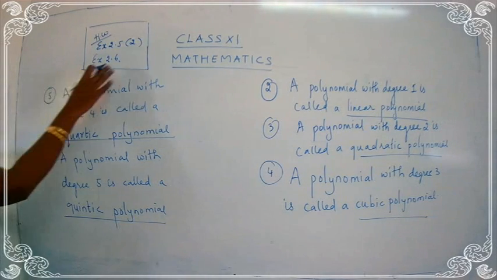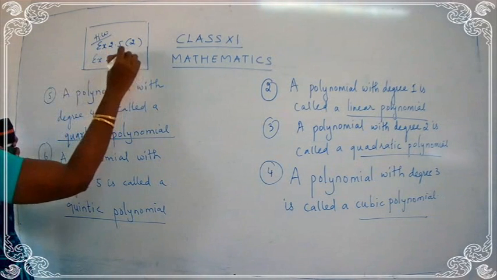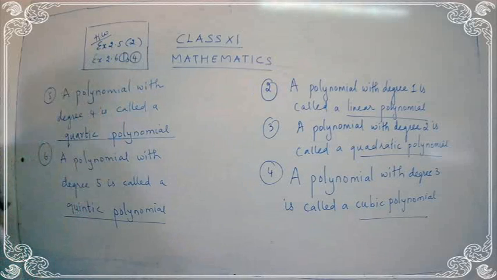Okay, children? Your homework is exercise 2.5, the second question that you follow from your first sum. And the next thing is from exercise 2.6, you are going to complete the first question and the fourth question as homework. So we have 2 sums left in 2.6, children, and I'll be continuing with the remaining 2 sums in the next class.